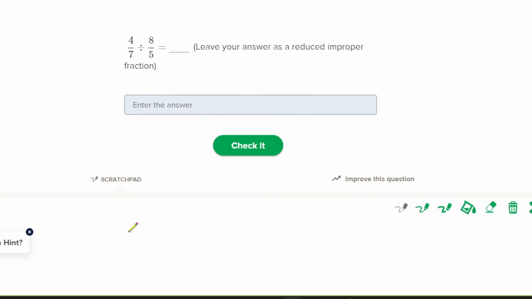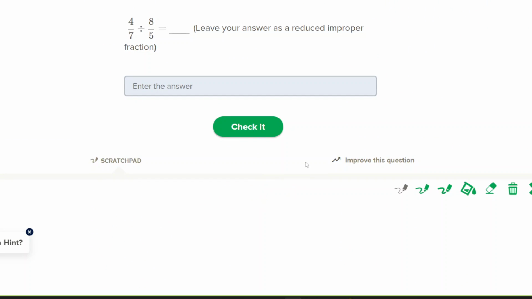So what we have here, I'll show you. We have 4/7, the fraction 4 over 7, and divided by, this division symbol, and then 8/5.